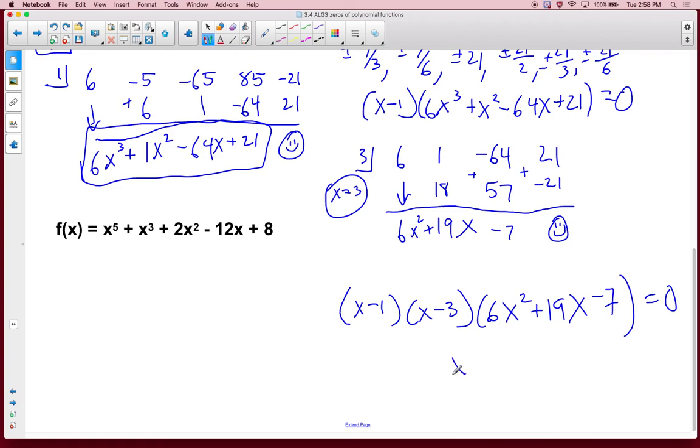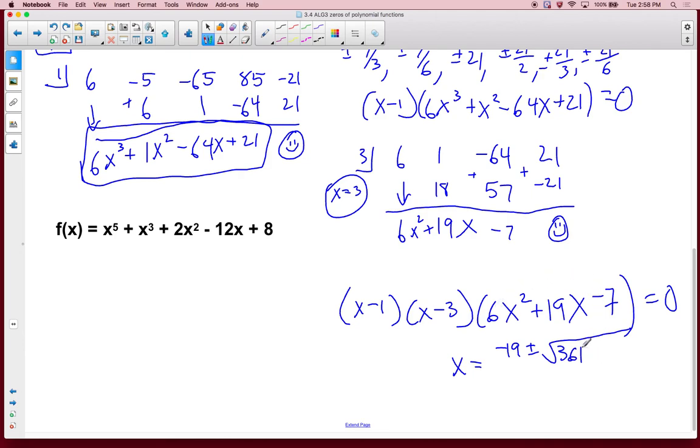And here we go. X equals negative b, so negative 19, plus or minus the square root of b squared. 19 squared, I believe that's 361. I should probably check that. 19 squared, 361, yes. Okay, and then we have minus 4 times 6 times negative 7.